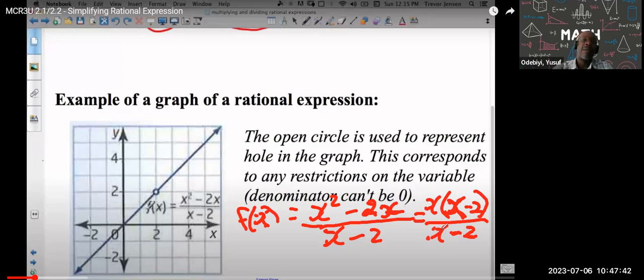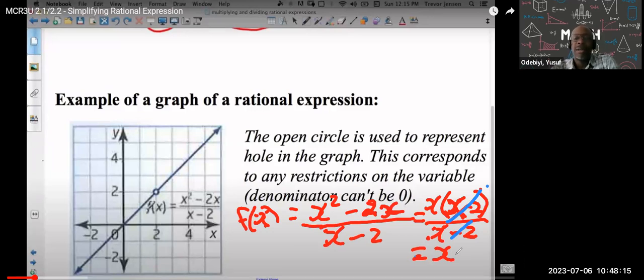Then we can cancel that, and what we're left with is x. So f of x equals x, your answer is x.